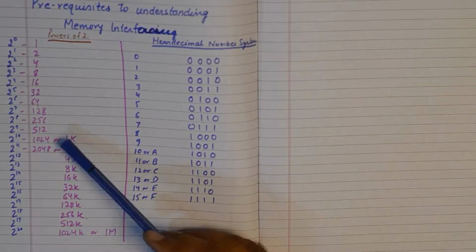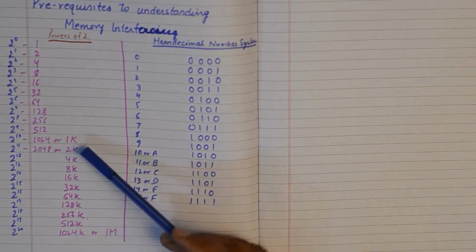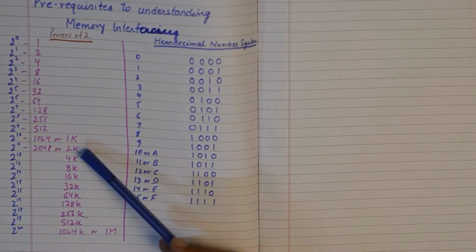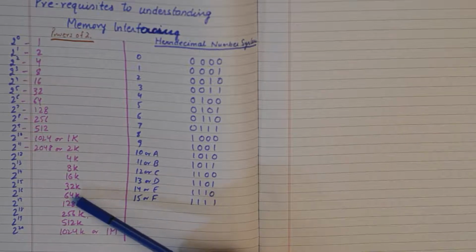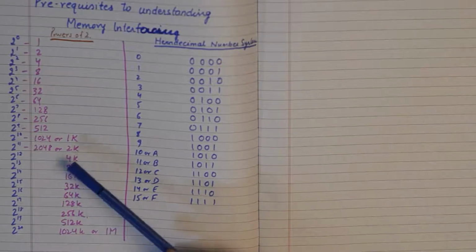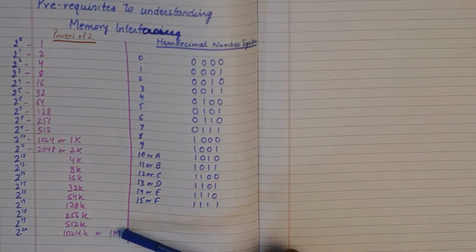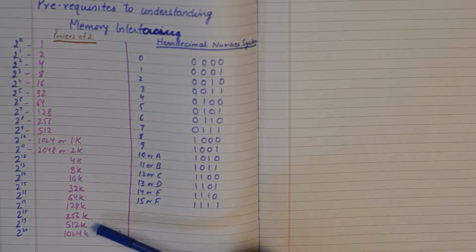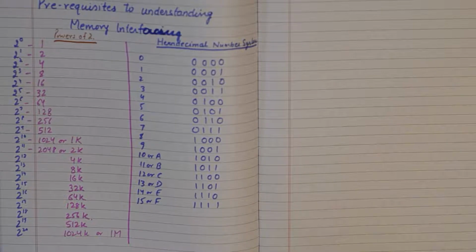And from there, 2 raised to power 11, which is 2048, will simply be known as 2k. And then these changes occur after every 10 movements. For example, 2 raised to power 10 was 1k, 2 raised to power 20 is going to be 1m. So 1 mega is a representative of 1024k, and so on.